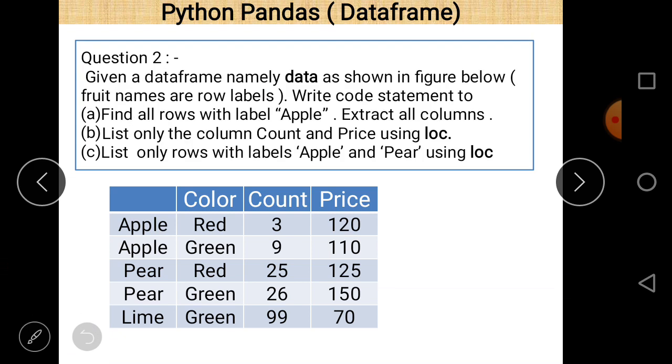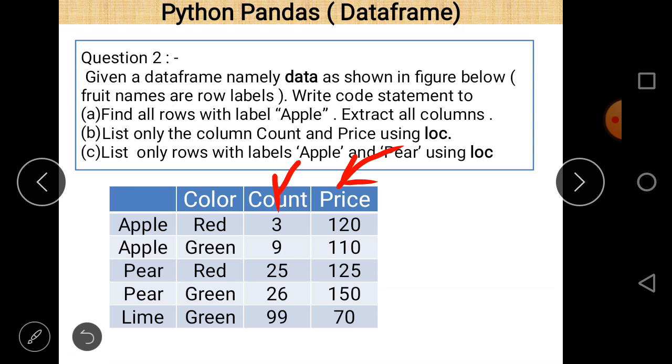list only the columns count and price using LOC. So there are only two columns, count and price. These two columns should be selected, count and price.